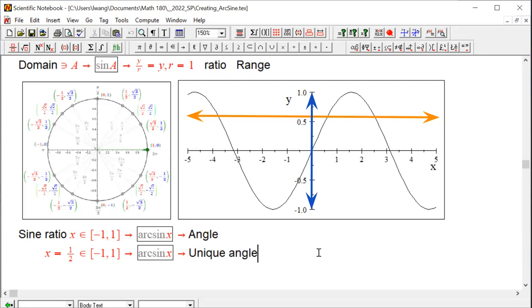So you either choose pi/6 or 5π/6, or many other angles you can get by turning around and around. Now, the mathematical community has decided, hey guys, if I choose only 1 angle, I'm going to choose the easiest one possible.